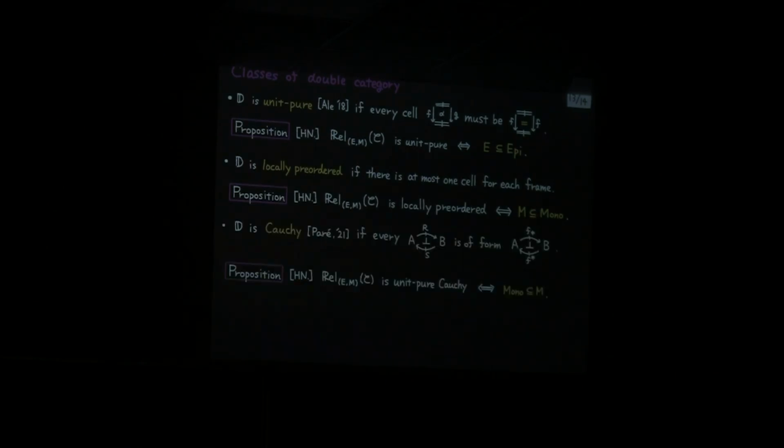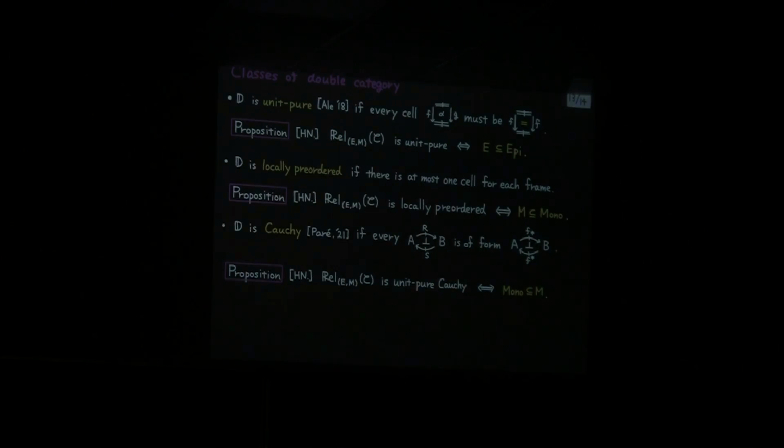And finally, a double category is called Cauchy. This was introduced by Paré. If every horizontal adjunction can be presented as a companion-conjoint adjunction.